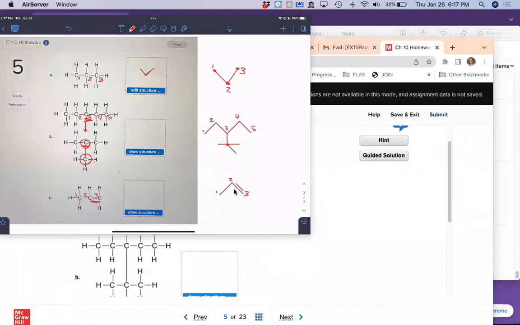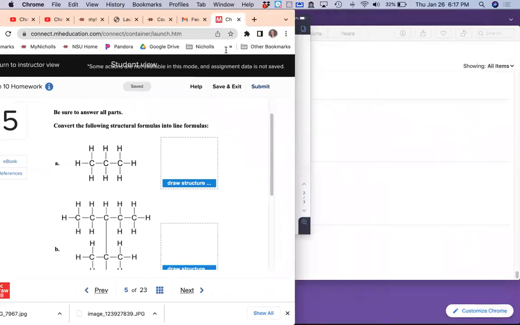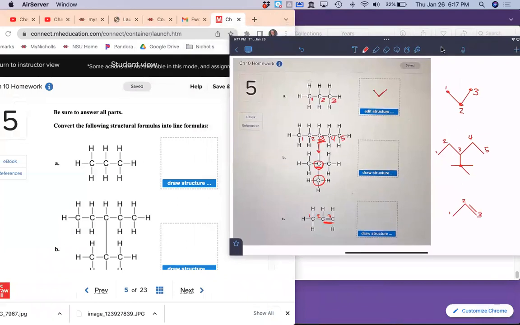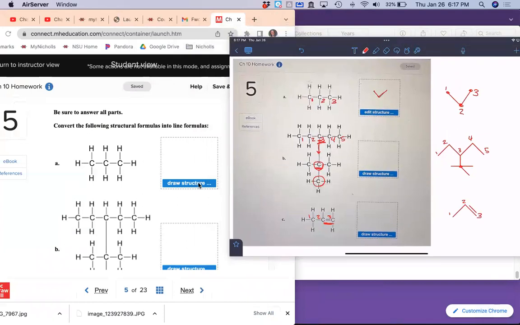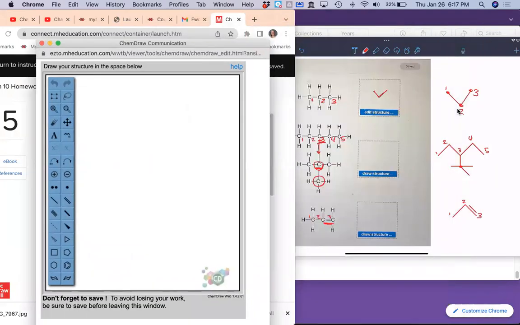So what I'm going to do is take these and put them into the program. So I'm going to try and put both of them up at the same time. So let's see if it will let me do that. Okay, so here we go. So I'm going to click draw structure, right? Okay, here's my other window. And what I want to draw is this one right here. So I'm just going to draw a V. They're all single bonds.